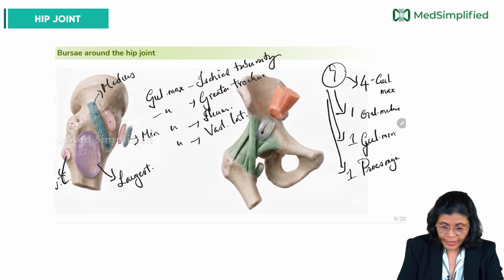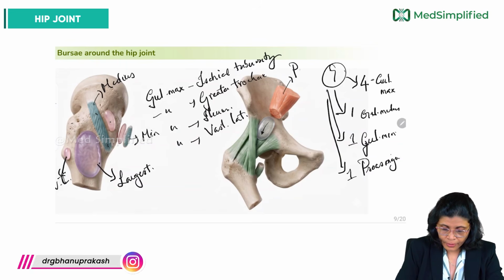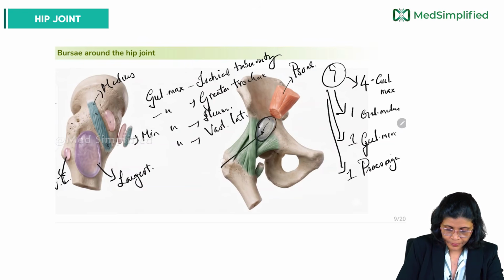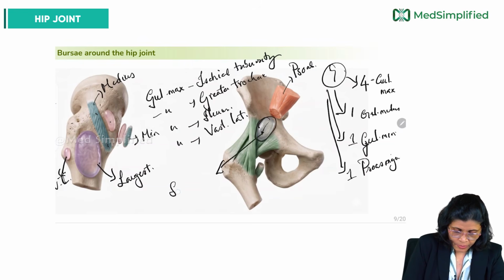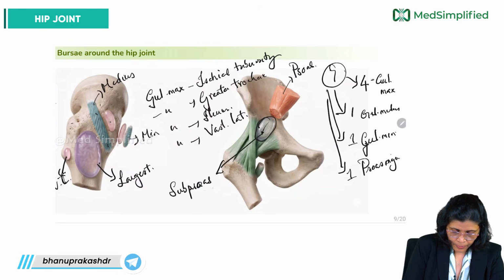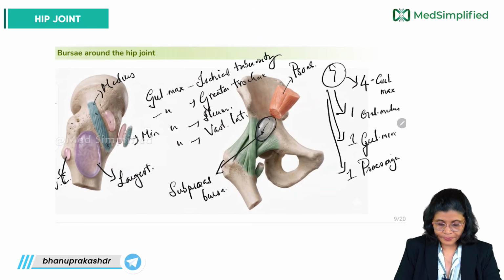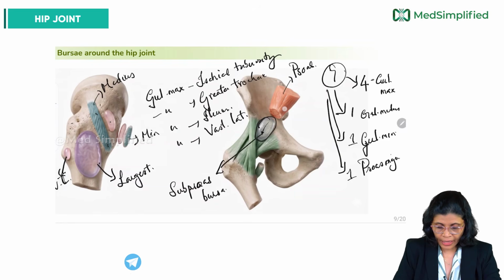Then here we can see the psoas tendon, and this is the subpsoas bursa. This is between the iliopubic eminence and the psoas tendon.